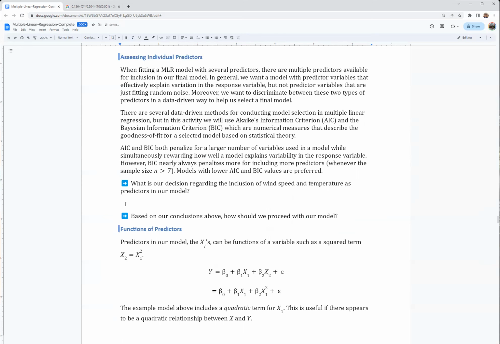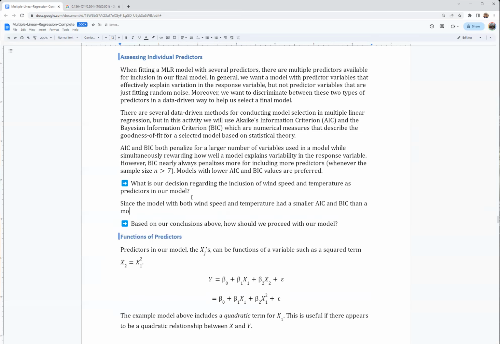We'll say, since the model with both wind speed and temperature had a smaller AIC and BIC than a model with only wind speed, we decide to keep both predictors in our model.